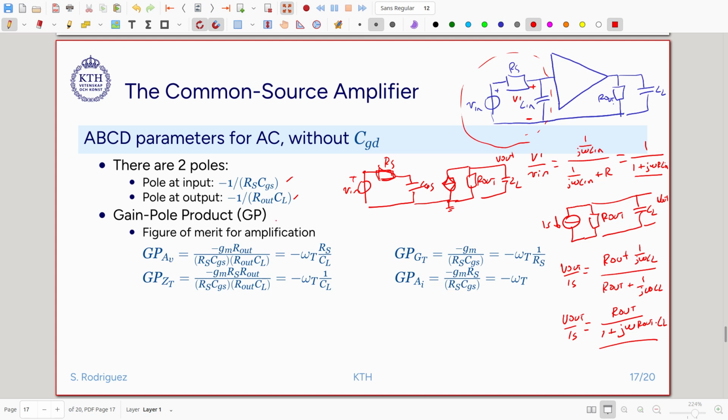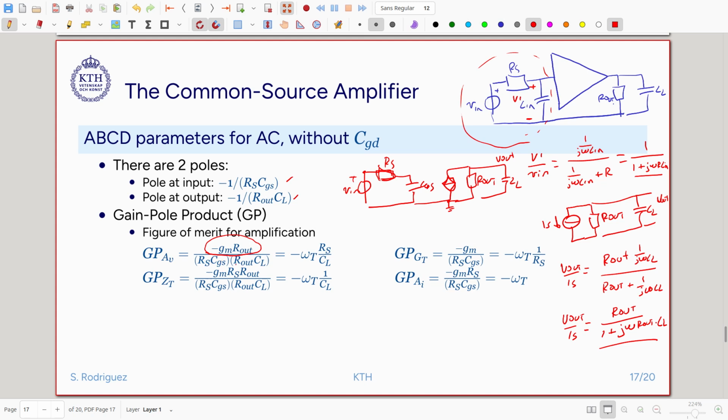Now what we're going to do is to find a figure of merit. We will define the figure of merit for amplification, that is equal to how much amplification I can get at low frequencies, which we have calculated here, times the poles position.